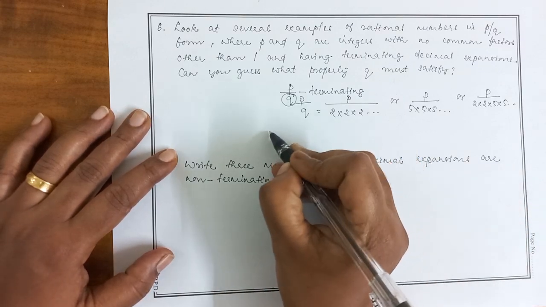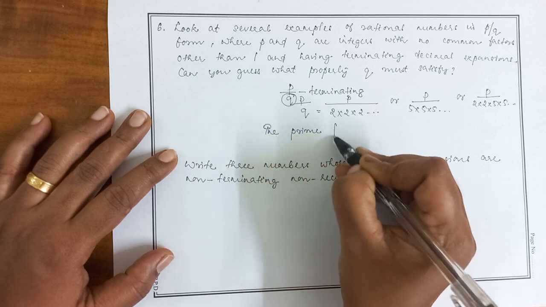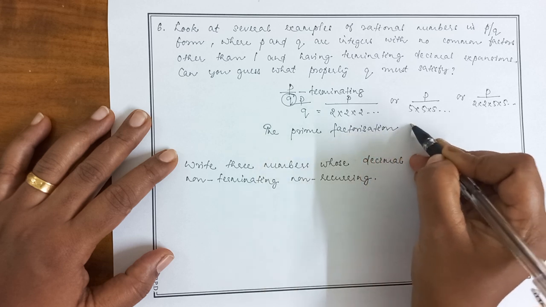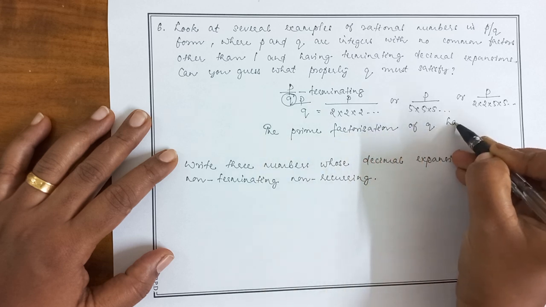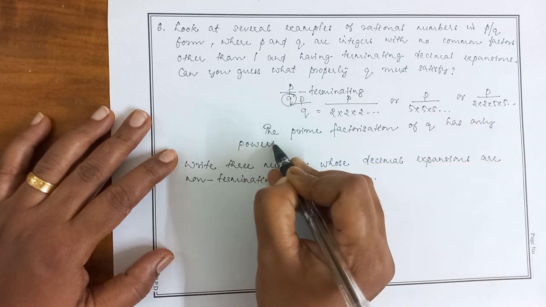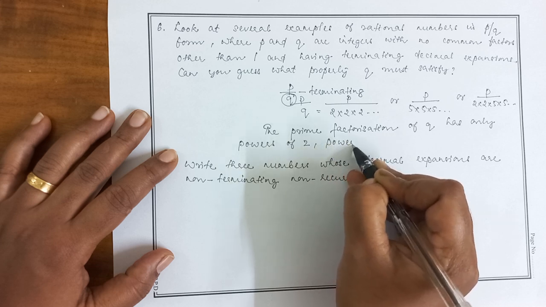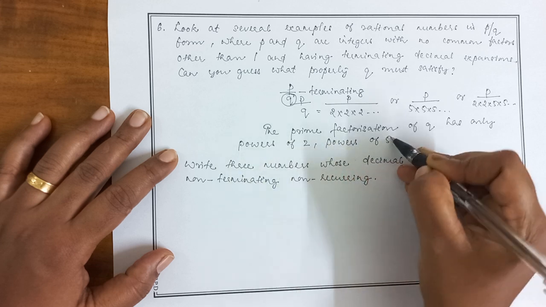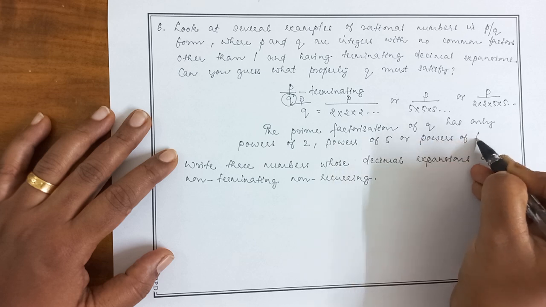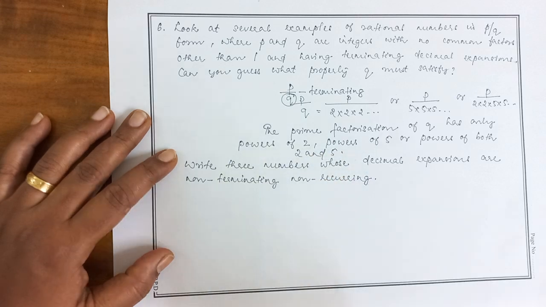That is, the prime factorization of q has only powers of 2, powers of 5 or powers of both 2 and 5.